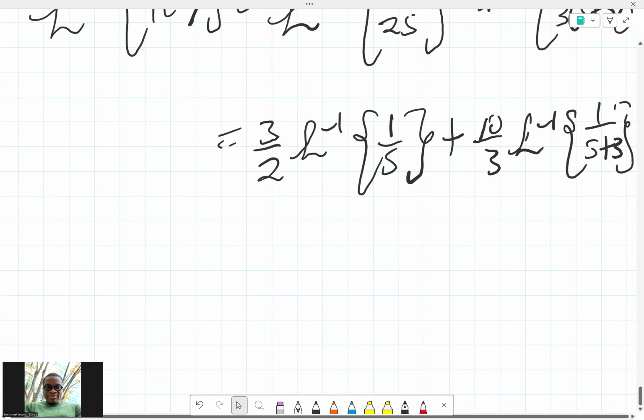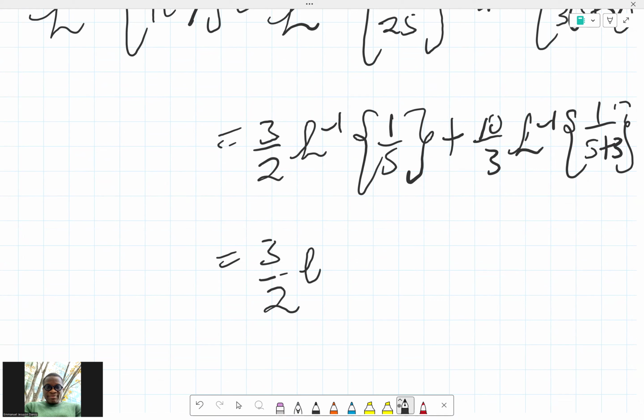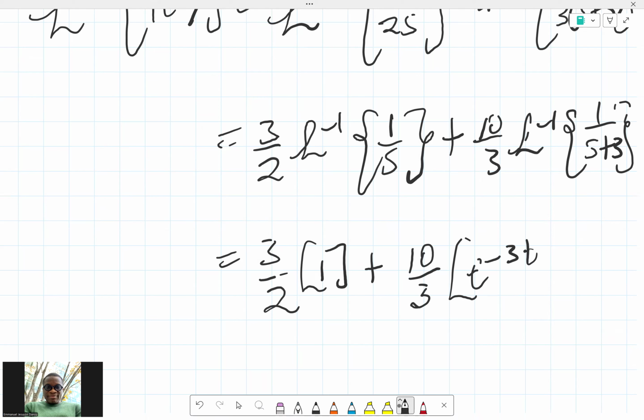So we have 3 over 2 times L inverse of 1 over s, which is 1, because L of 1 gives us 1 over s. Then plus 10 over 3 times L inverse of 1 over s plus 3, which is e raised to power minus 3t, like we know from what we've done in the past.